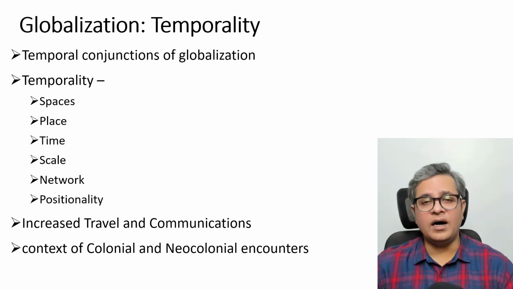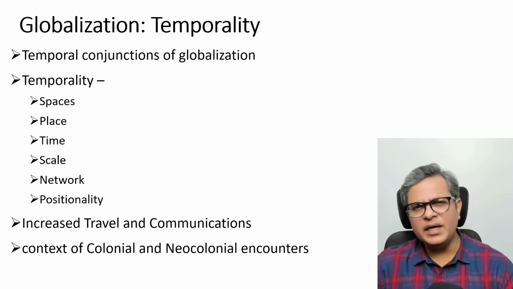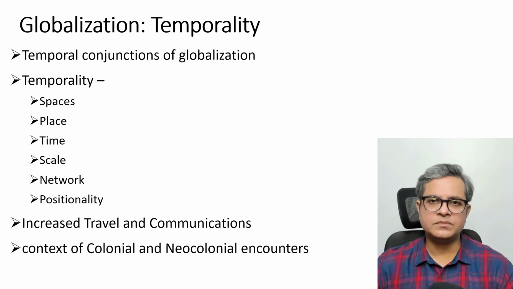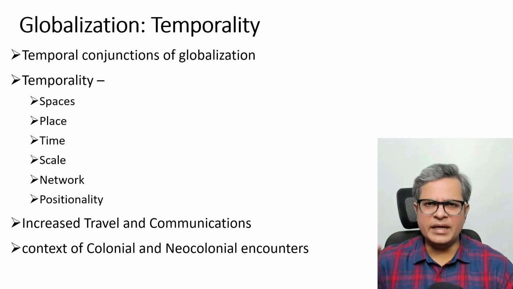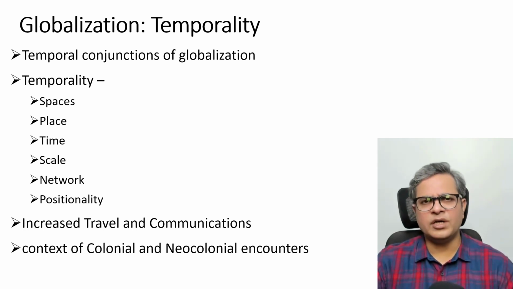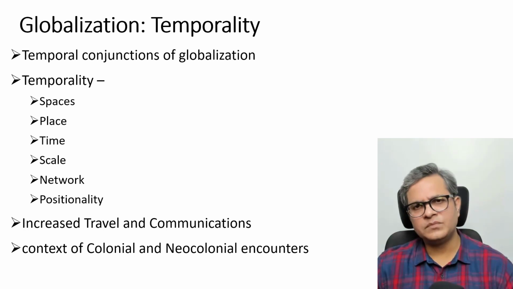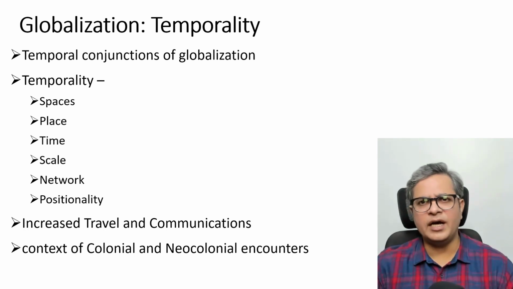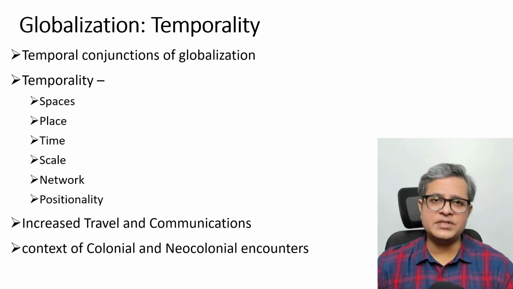Globalization can alter the entire meaning and significance of the places. It can connect them on a global network, or it can bring them down to a small dot on an entire global network. It can increase the interconnectedness of places.